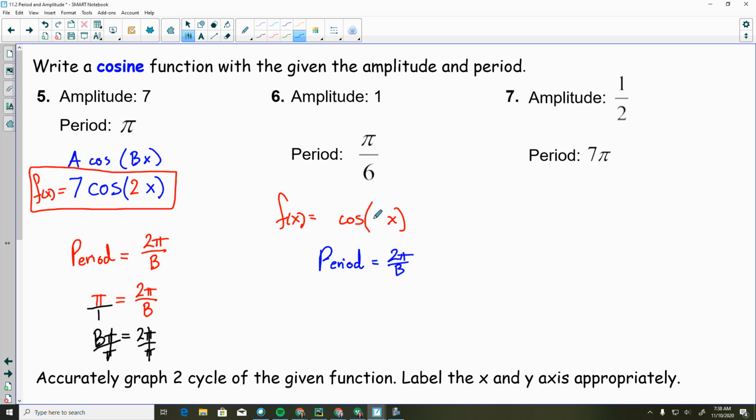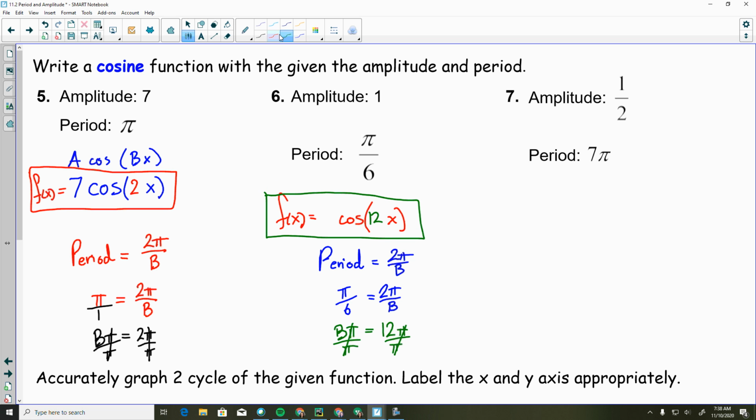Since I know the period is pi over 6, I plug that in for the period. And then I can cross multiply to solve for b. So I get b times pi equals 12 pi. Divide both sides by pi to get b by itself, and I see that b is a value of 12. So that would be my function.